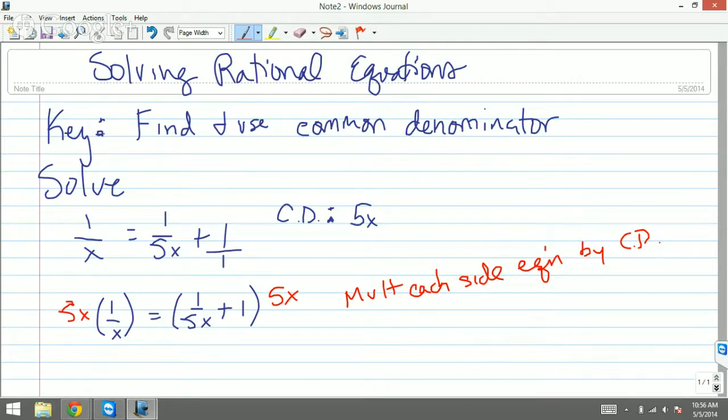The reason I'm multiplying by it on each side is so I can eliminate the denominators, so I don't have to worry about working with fractions. Your intuition would be to put them all over the same denominator and make it a nice, messy, nasty math problem, but we don't need to do that.